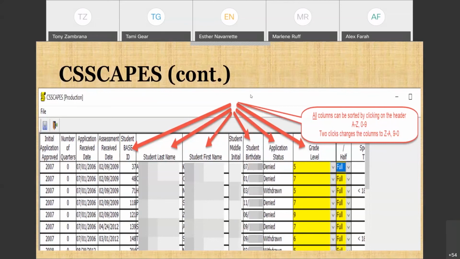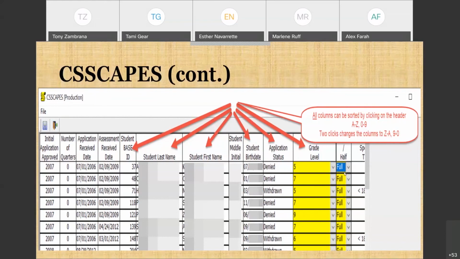So now we have the screen up, which is just a couple of screens that you'll normally see when you log into Seascapes. The columns that are in yellow are the areas in which you need to make changes. So you need to enter the grade level. If it's already the correct grade level, then you just leave it be. Same thing with full or half-time.